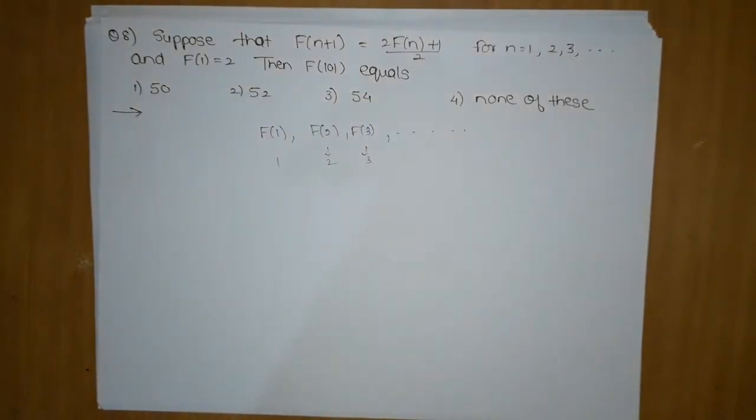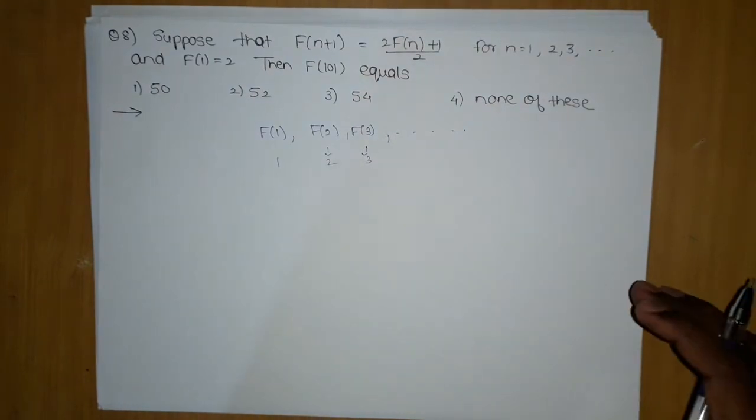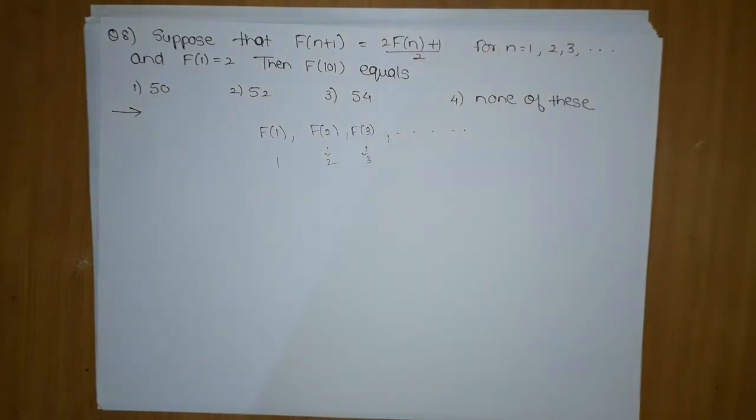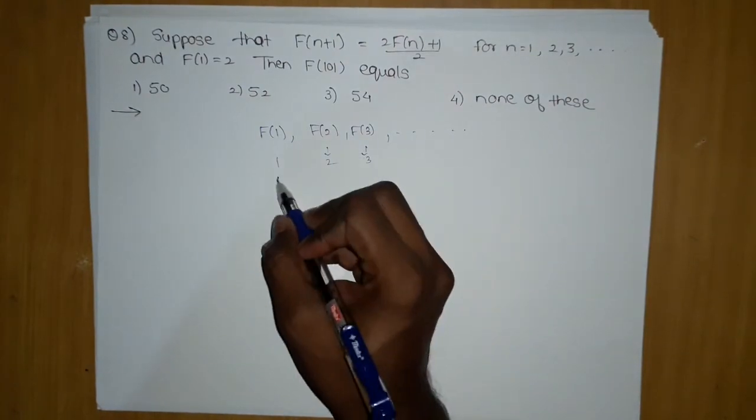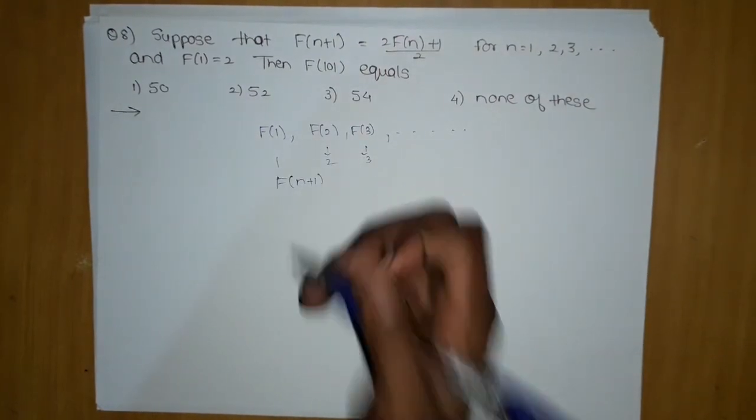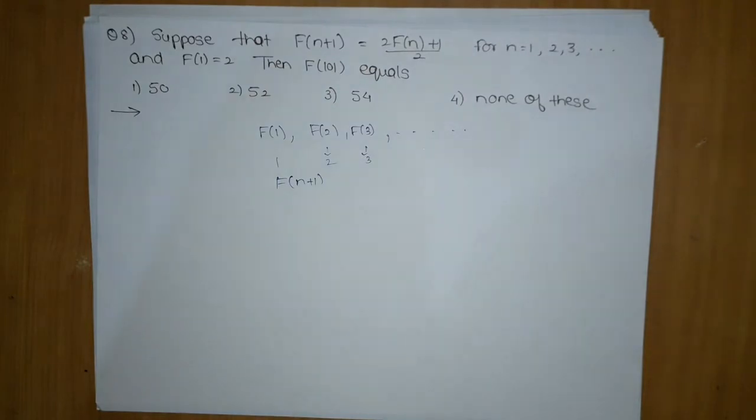Sometimes children mostly see sequence and series as 1, 2, 3. In the first lecture I told you that a sequence is a function whose domain is natural numbers. Here they have given the same question in function terms.